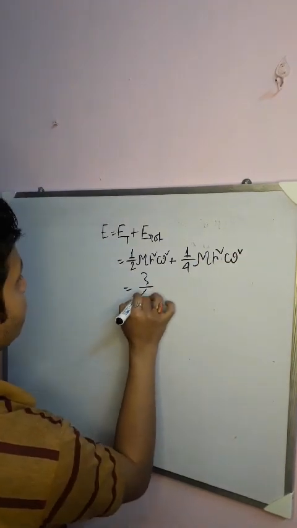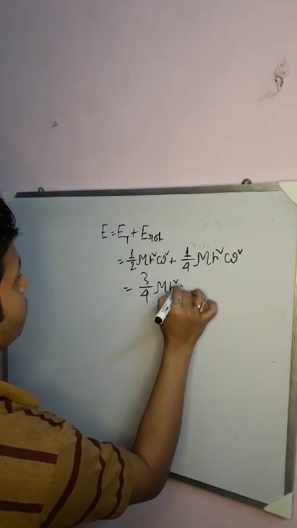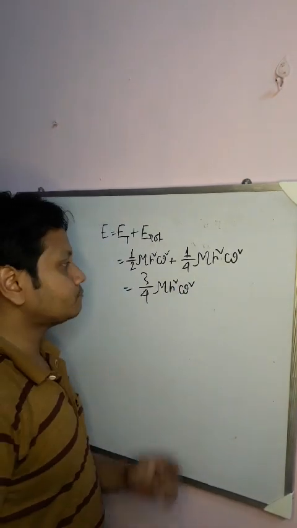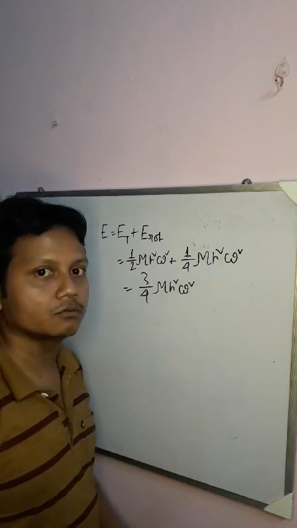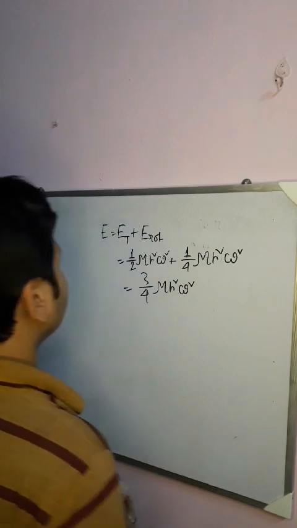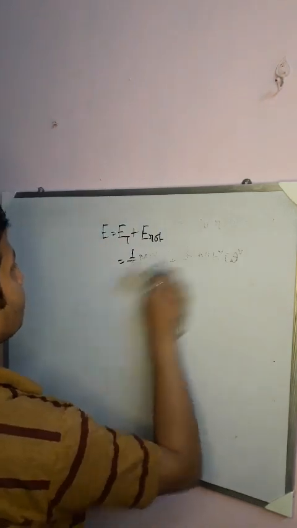The result is 3 by 4 m r square omega square. So this is the required result. Okay, so this is our first numerical problem.